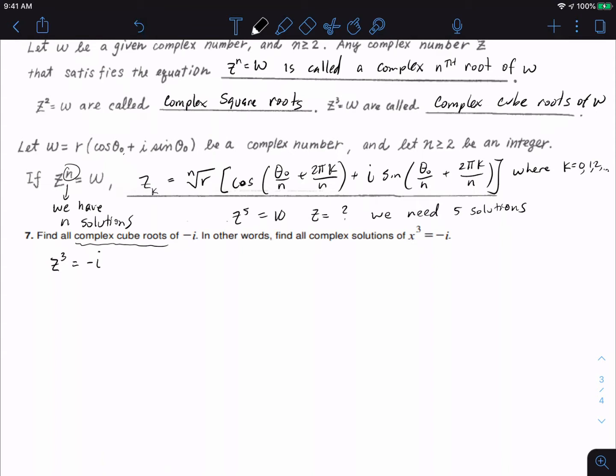So then from there, one of the things that's interesting is that z to the third tells me I'm going to have 3 solutions, correct? And then what I want to do is find where negative i is. So if I were to graph this thing, isn't negative i right here?